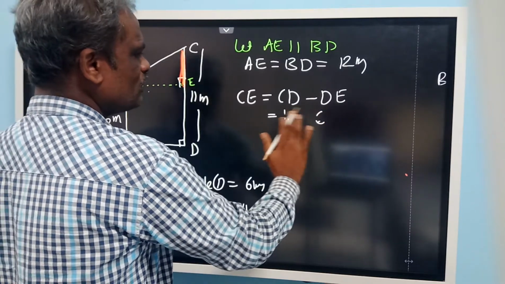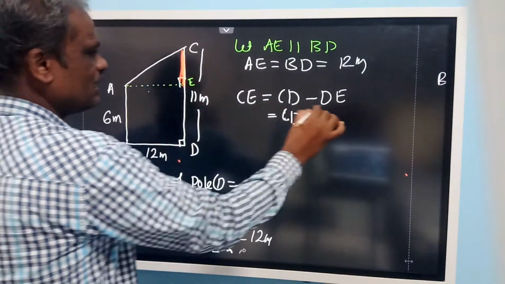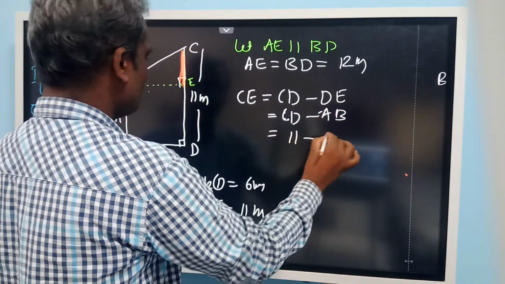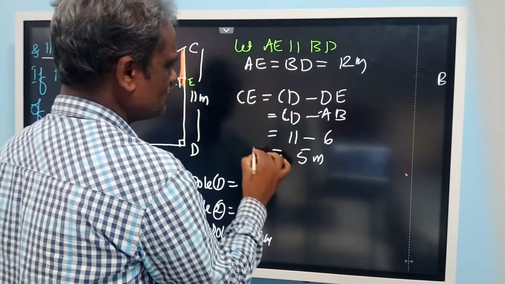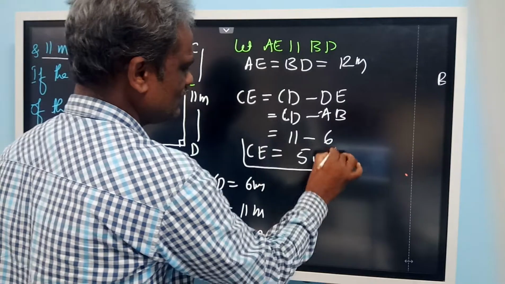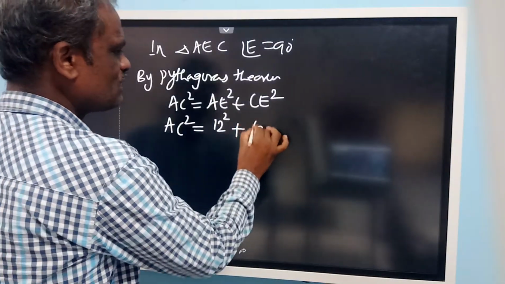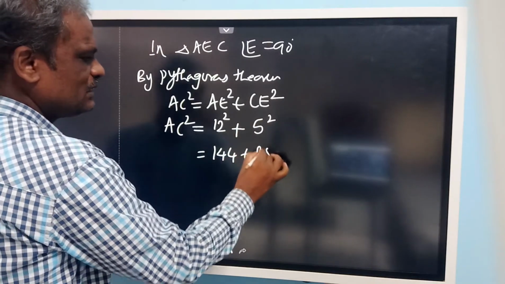So you can write one more step, CD minus AB instead of DE, because DE and AB are the same. So that is 11 minus 6, which is 5 meters. So CE is equal to 5 meter. This data we can use here. 5 square, and 12 square is 144. Then this is 25.